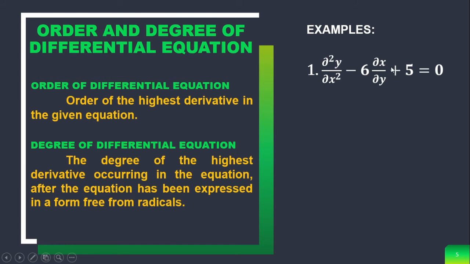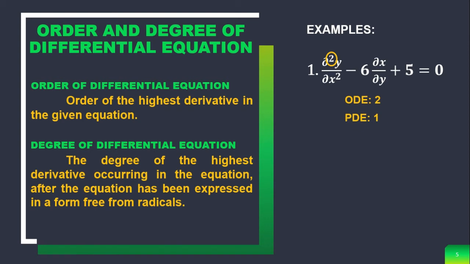So, we have two derivatives here, this one and this one. Since this one is the largest derivative and it is the second derivative, our order here is 2. And the degree is the exponent of the highest or largest derivative. Since this is our largest derivative and it is raised to 1, we have an imaginary 1 here. So, the degree is 1.